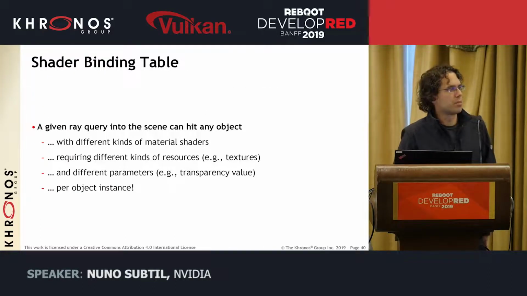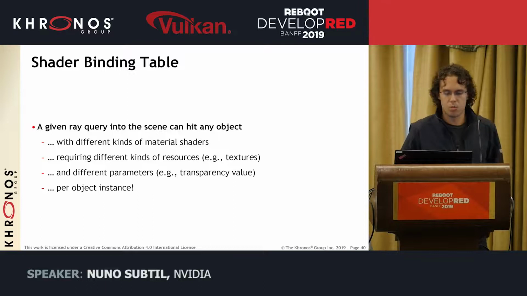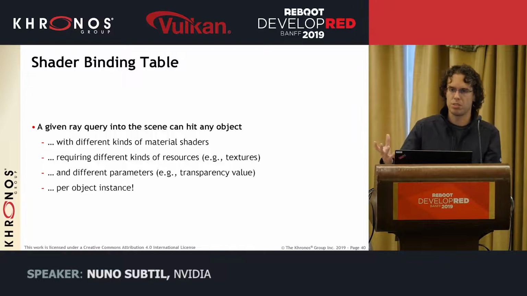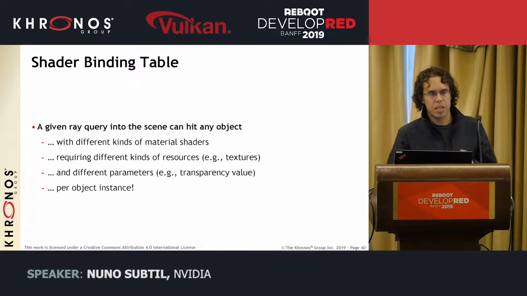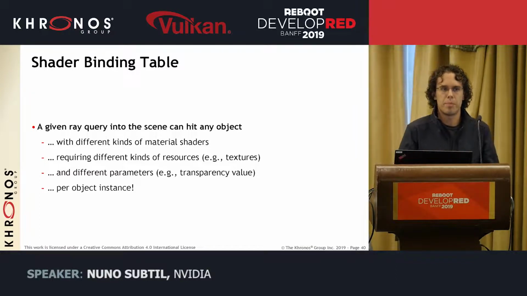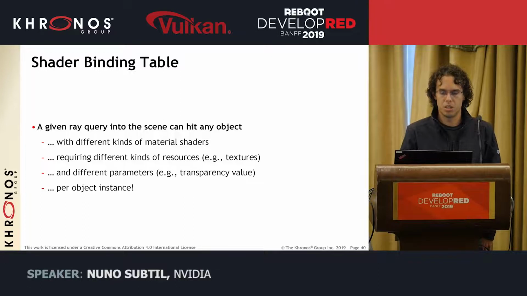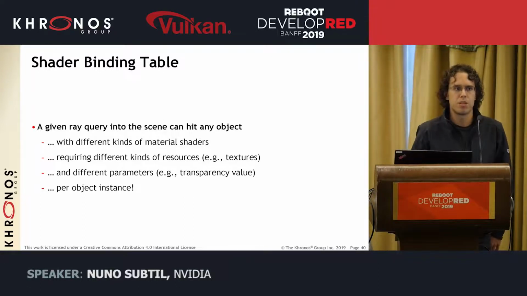So I've mentioned the shader binding table a few times. Let's look at what this is. Unlike rasterization, where you have a mesh and you might have a PSO associated with that mesh, and a bunch of descriptors also associated with that mesh that bind specific resources to the shaders, with ray tracing you can hit any mesh, and it can have any kind of different shader that you've specified before when building your assets, and any kind of different textures, different buffers.